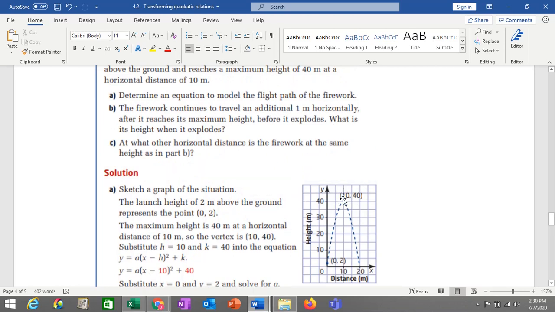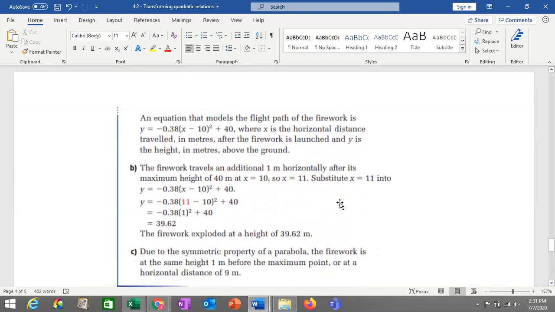Its horizontal distance at its maximum height is 10. So if you move 1 meter over, you're at 11. So the x value where it blows up is 11, and we can just sub that into our equation. So x equals 11. Again, we have our A, our H, our K, and that's all you have to do, because that's going to let you solve for y.